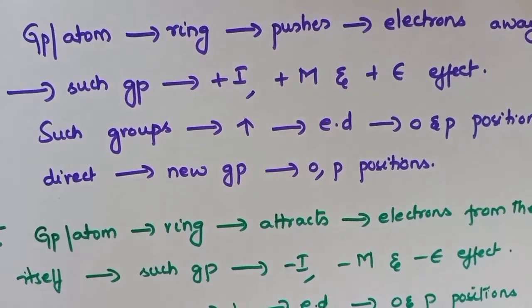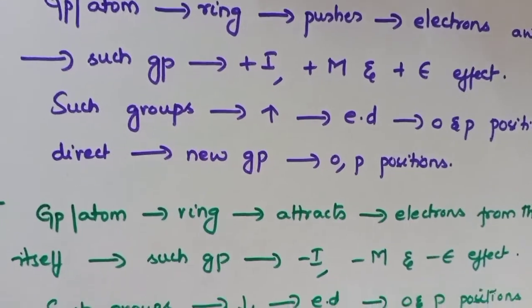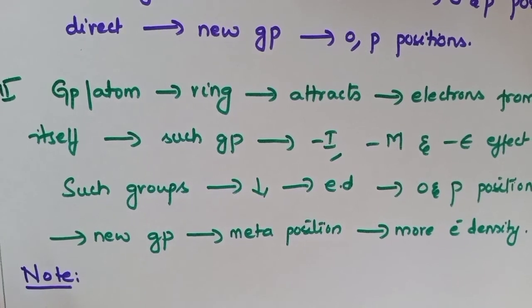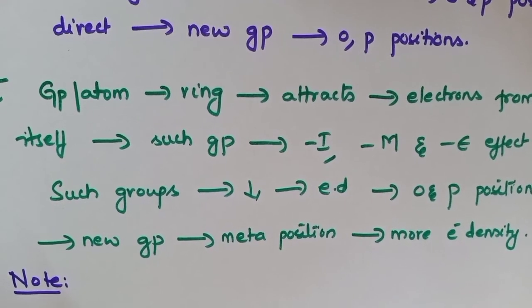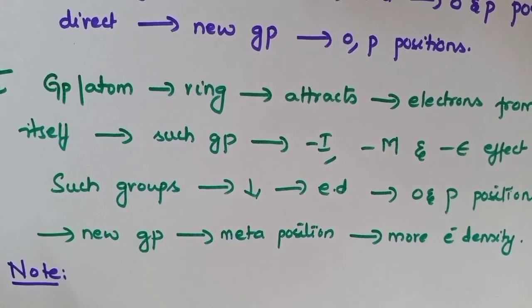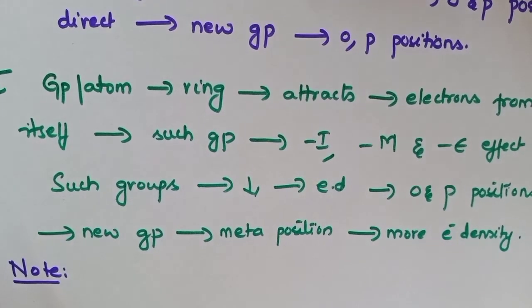Here, write down a note, students. One important point to be noted. You can write down: substitution at meta position is comparatively difficult. Why? Because the group already present is deactivating the ring by attracting the electrons towards itself.